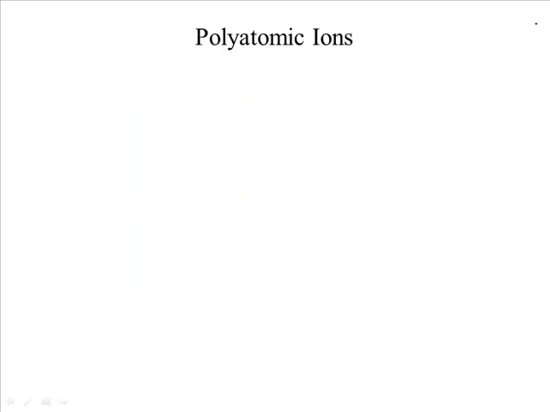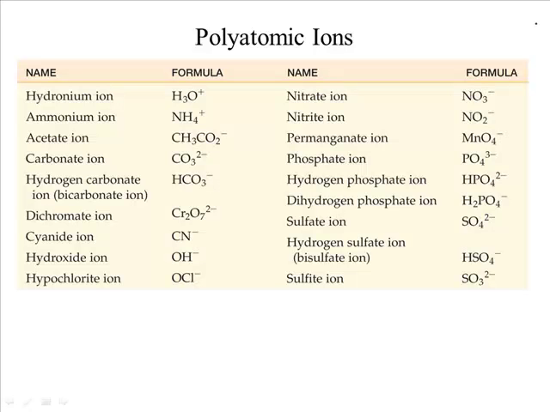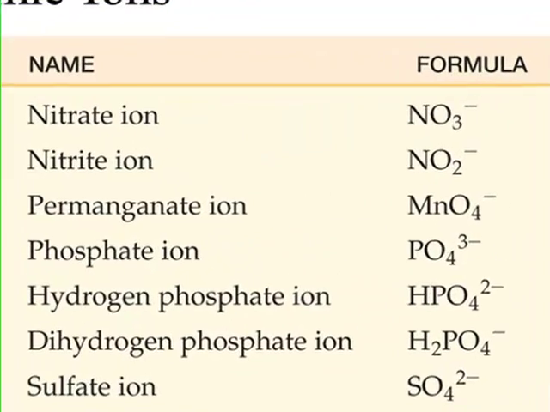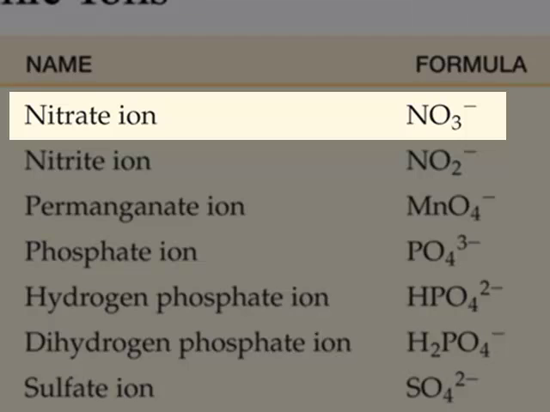Cyanide and carbonate are just 2 examples of polyatomic ions, but there's many, many more out there. Most textbooks, including yours, have a chart that lists common polyatomic ions, their names, chemical formulas, and charges. We've already discussed cyanide and carbonate, but you're likely to recognize the names of several, if not many, of these polyatomic ions. For instance, you might have heard of nitrate.